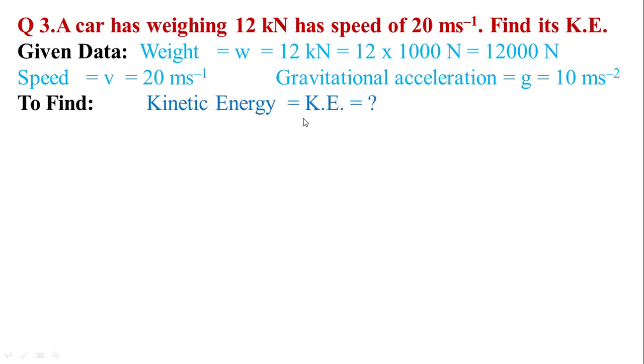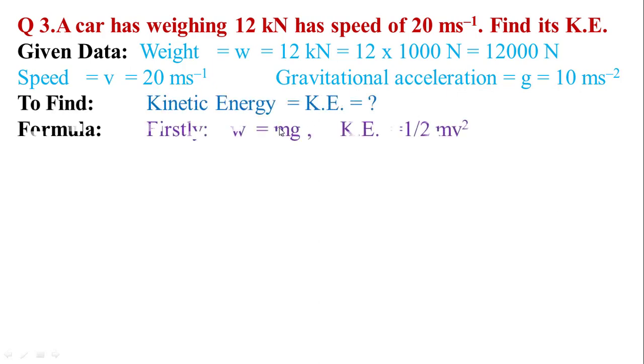To find kinetic energy, the formula of kinetic energy is KE is equal to 1 upon 2 mv square. So first we calculate the value of mass m from this relation. Here we can see that W is equal to mg.